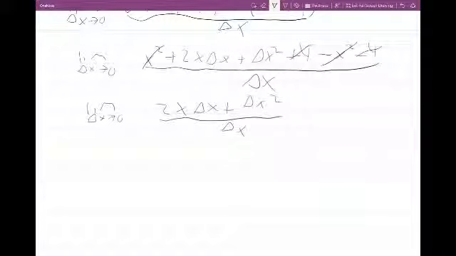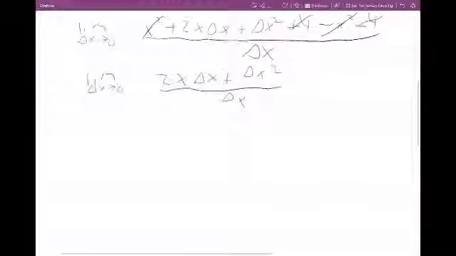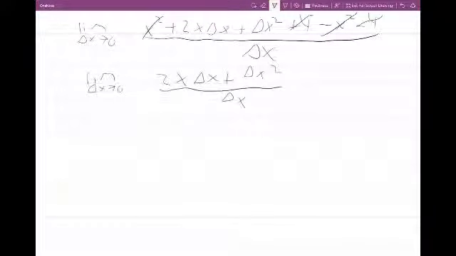You factor out a delta x from the top because all terms have a delta x in them. So it's the limit as delta x approaches 0 of delta x times 2x plus delta x, divided by delta x.